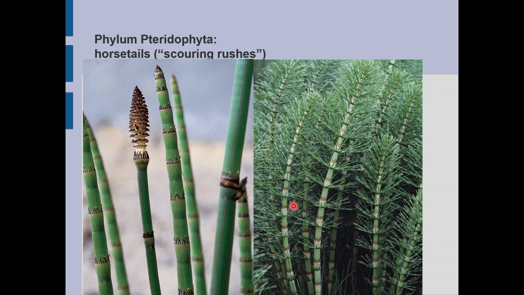There are several species still survived, and they grow in the wet, marshy areas and usually are very small.